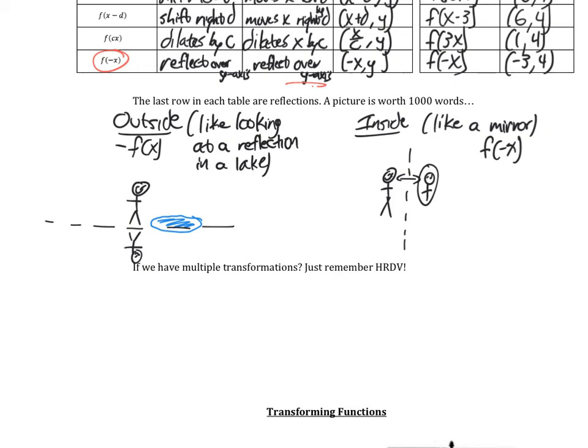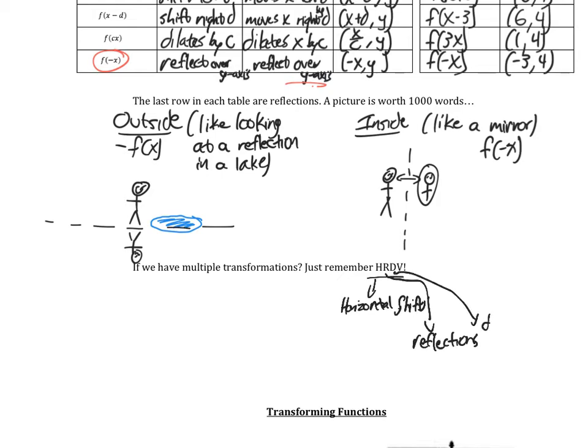When we think about multiple transformations, there's a rule called HRDV. HRDV is like the order of operations of transformations, right? H stands for horizontal shifts, we're going to do those first. What do you think R stands for? We're then going to do reflections next.